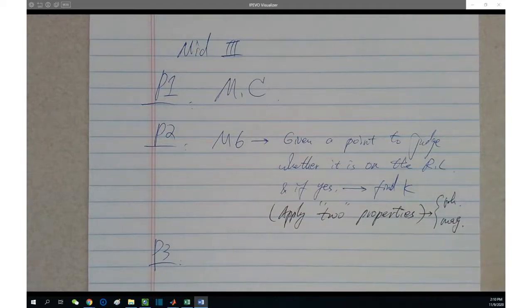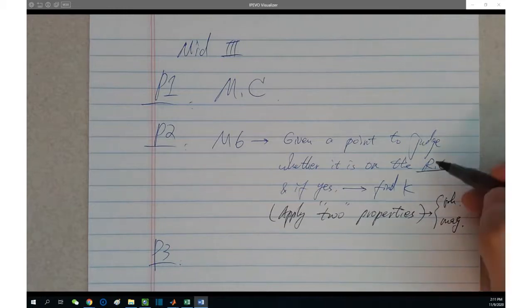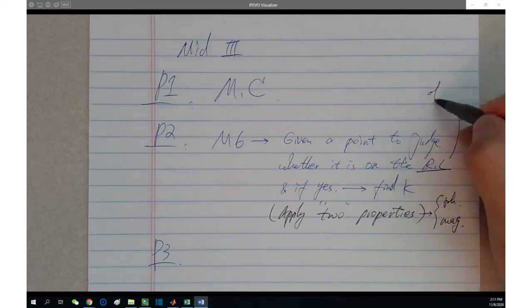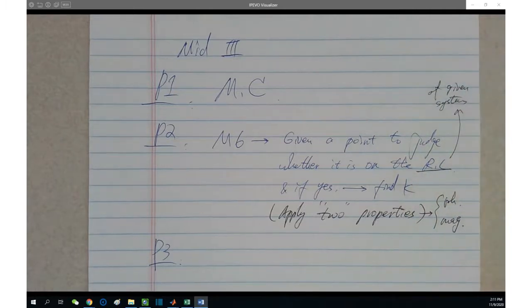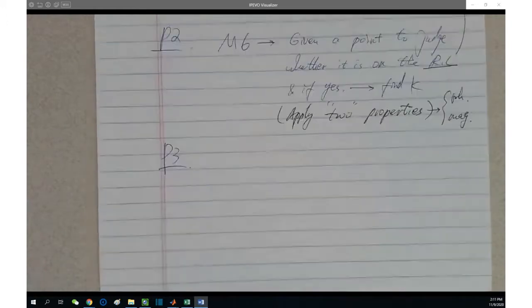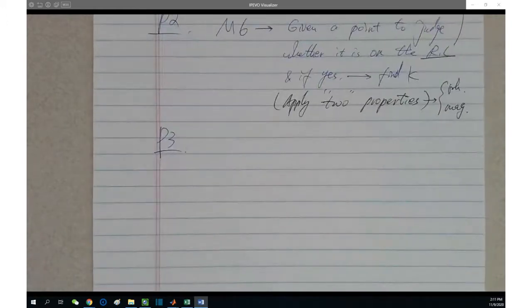We have more than one example for this problem, so it should be fine. Of course, this is on the locus of a given system. The system is given. Judging if the given point is on the system's locus. This is problem 2. We have examples out of module 6.